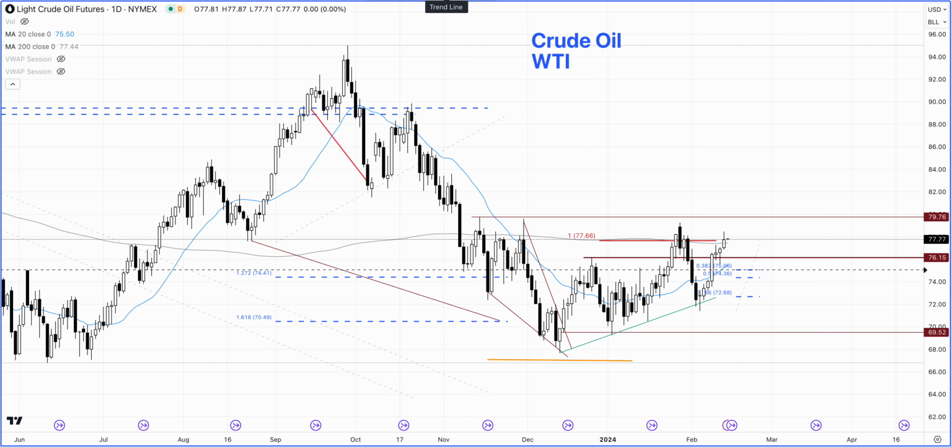It's also possible that we might actually see a one-to-one price projection pattern taking place like this.